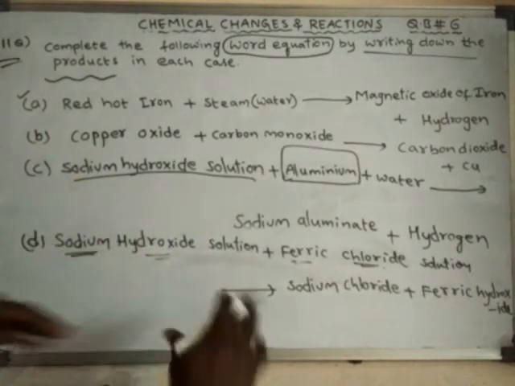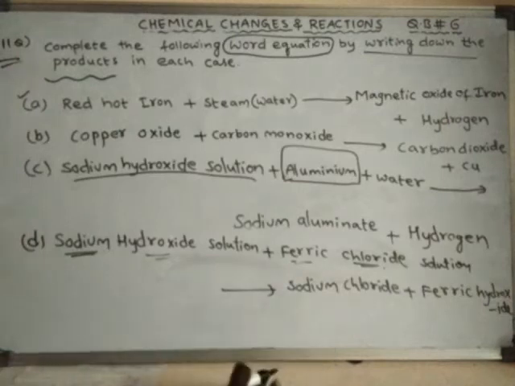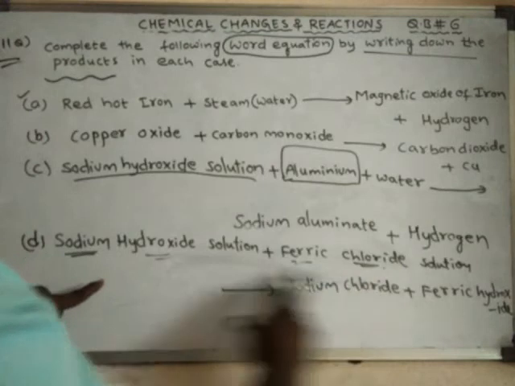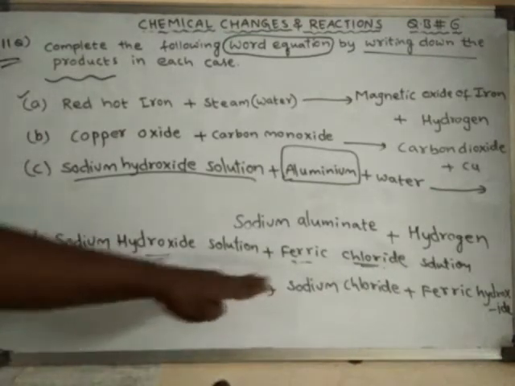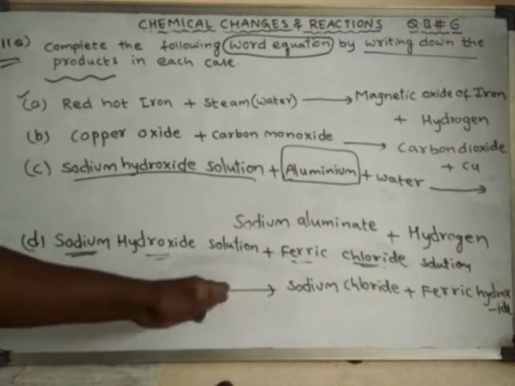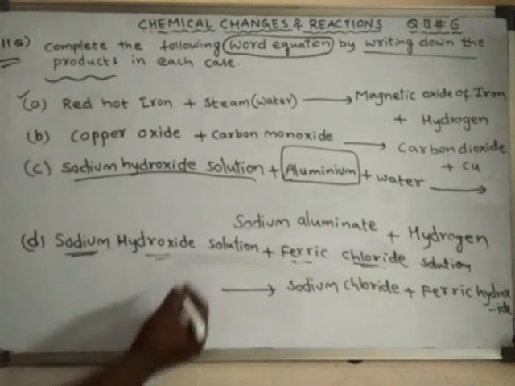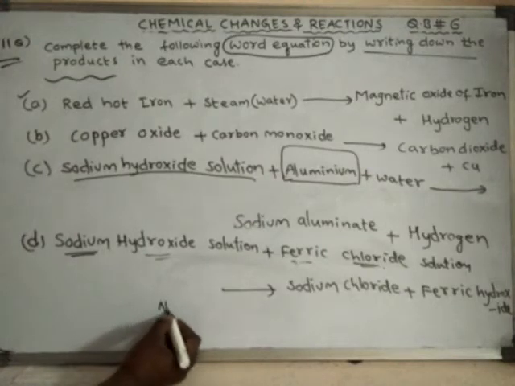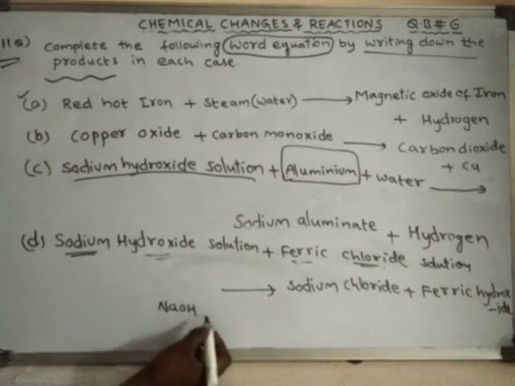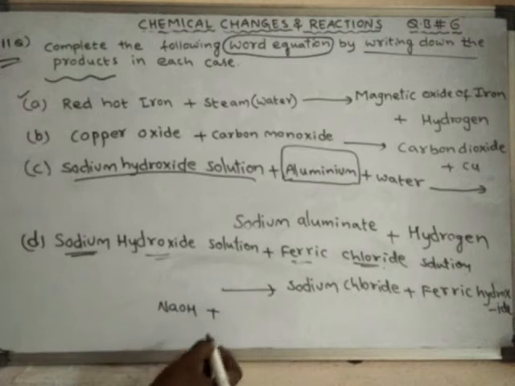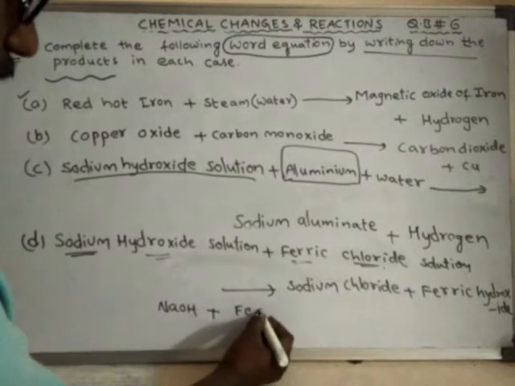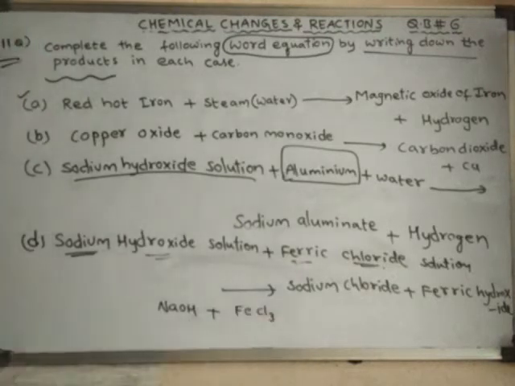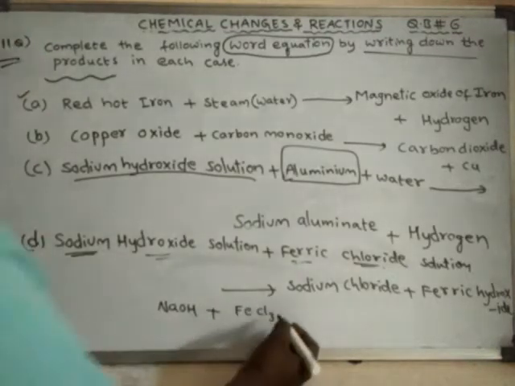If you write the same reaction in the form of a chemical equation, as this is only a word equation, I will write this word equation as a chemical equation. Sodium hydroxide solution, that means NaOH solution, plus ferric chloride. What is the formula of ferric chloride? FeCl3 is the formula of ferric chloride.